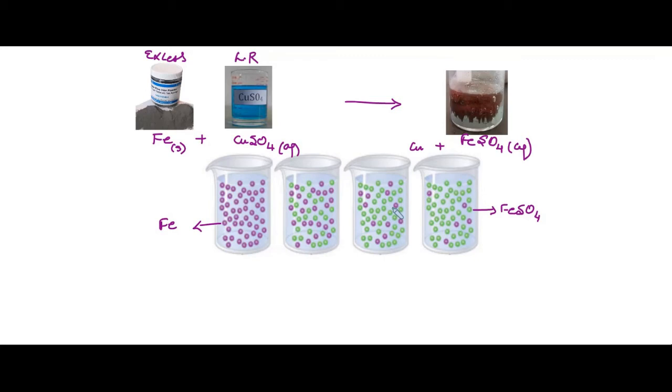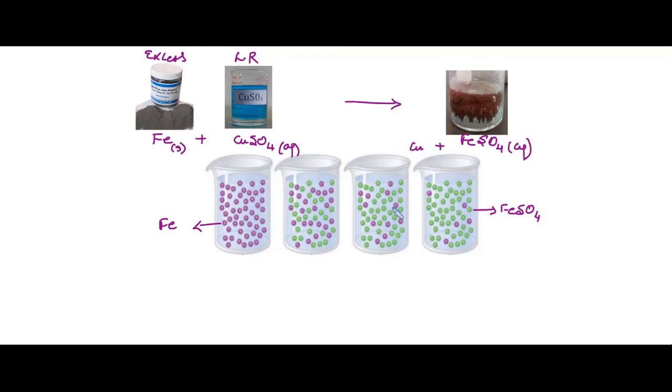Since there are a lot of reactant particles, the collisions will happen very fast at the start of the reaction. So the rate at which iron sulfate is formed will also be very high.